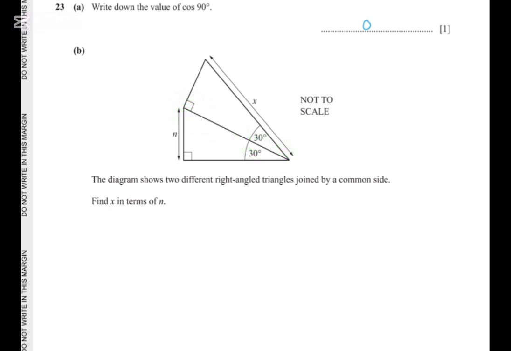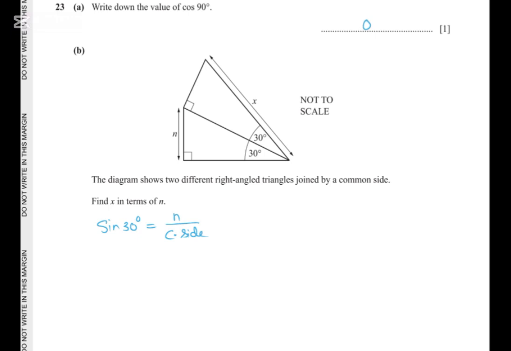In the first triangle you can take, say, sine 30, because the opposite side is given and the common side is the hypotenuse. That's why I am taking sine here, because sine theta is opposite by hypotenuse, which is equal to n by the common side.